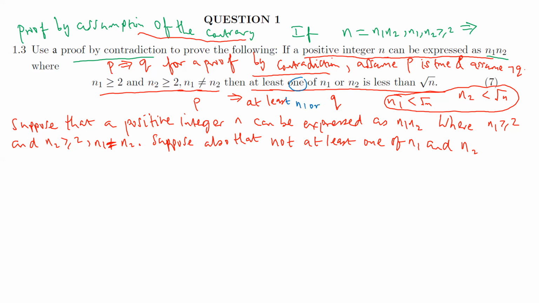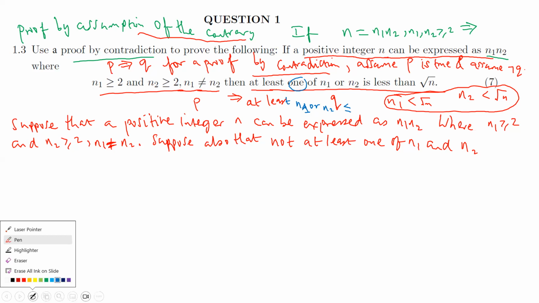n1 is actually saying at least n1 or n2 is less than, okay, let me write only less than there. Right, so at least one or n2 is less than that, so you can write it like that. The word one you can just remove, because if you're saying at least one of that, it is really saying at least n1 or n2.